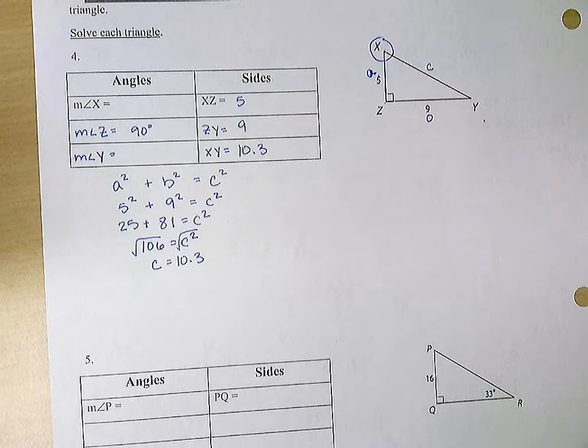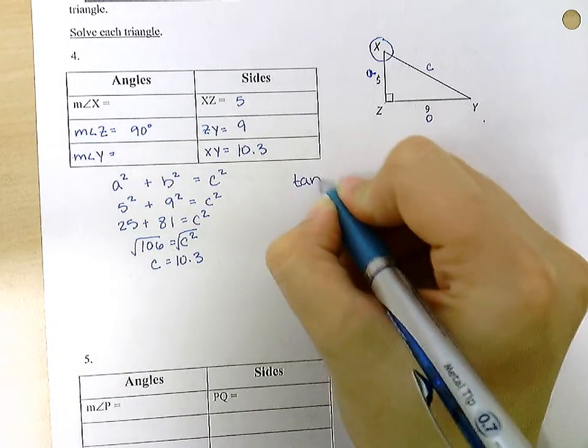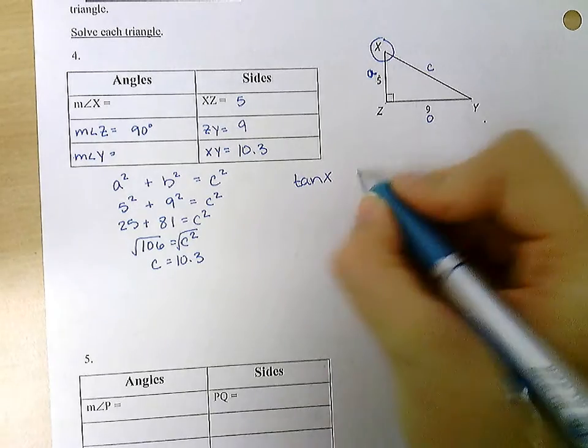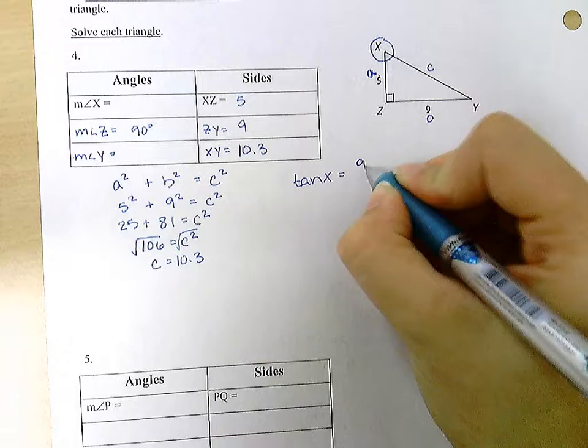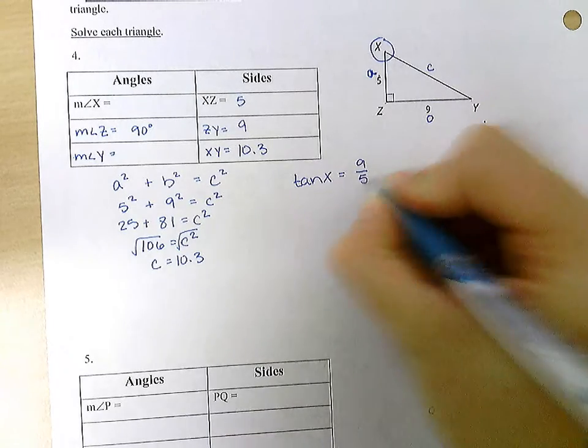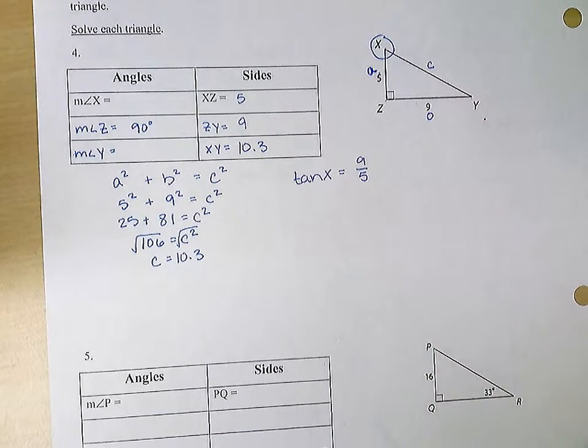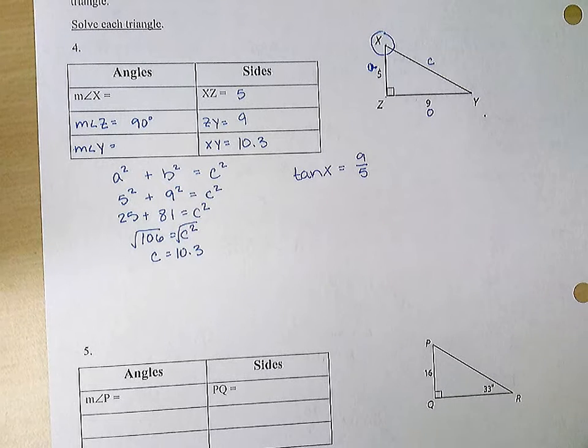So which trig ratio should I use? Tangent, good. So I'm going to use the tangent of my angle x is equal to our opposite side, 9, over the adjacent side, 5. And I want x by itself, that's the angle. Whenever you're solving for an angle, you always bring in the inverse.